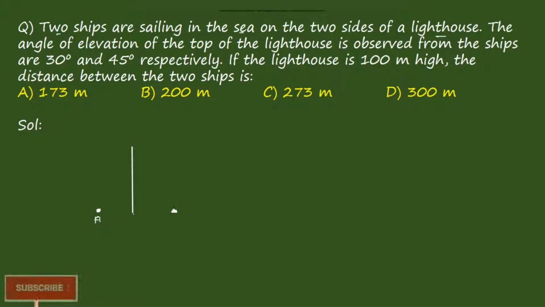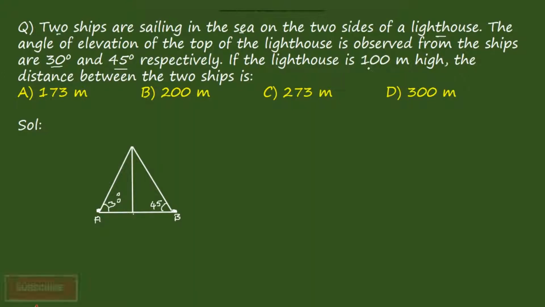A and B. The angle of elevation of the top of the lighthouse is observed from the ships at 30 degrees and 45 degrees. They are looking at the top of the lighthouse, right? Then they are making angles of 30 degrees and 45 degrees.